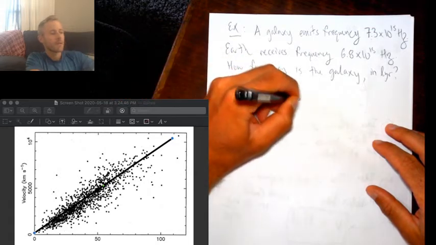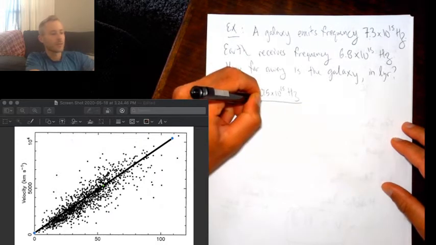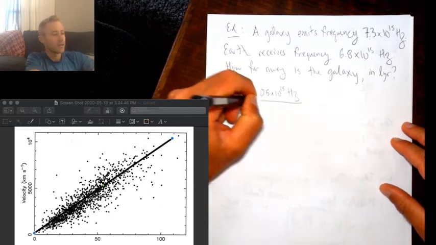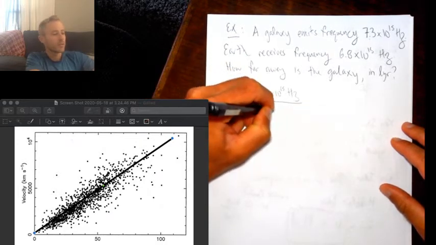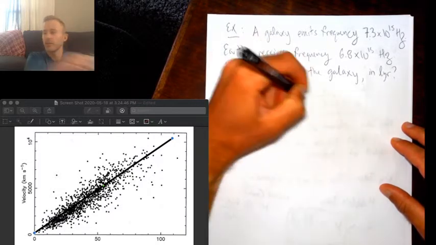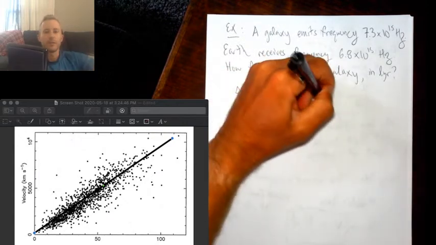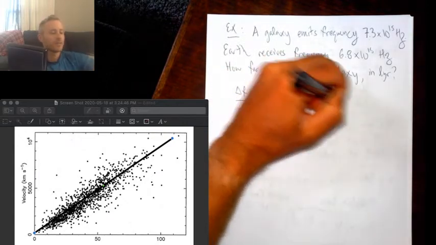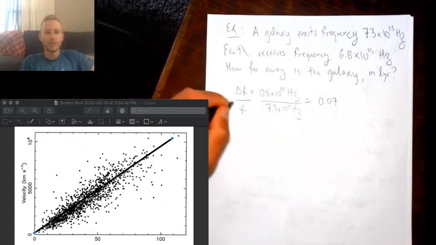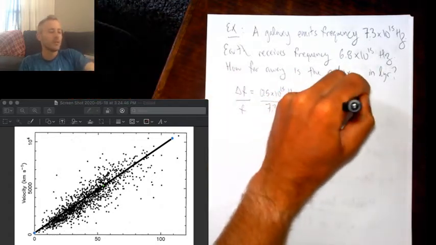We divide that by the frequency that's emitted, which was 7.3 times 10 to the 15th hertz, and that is equal to 0.07. So change in frequency over frequency equals v over c.